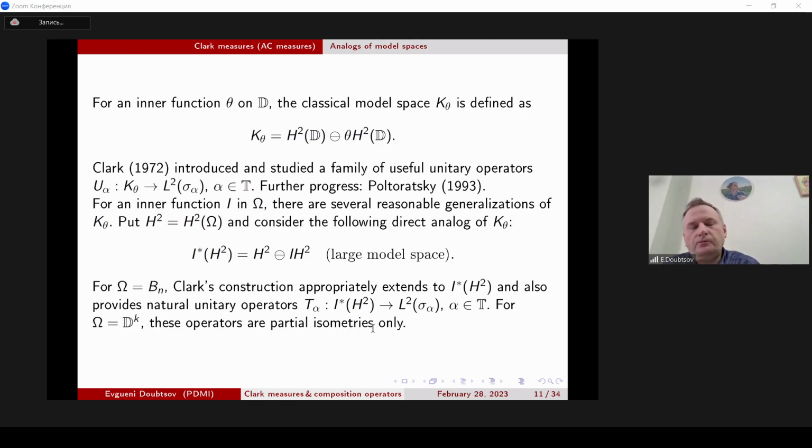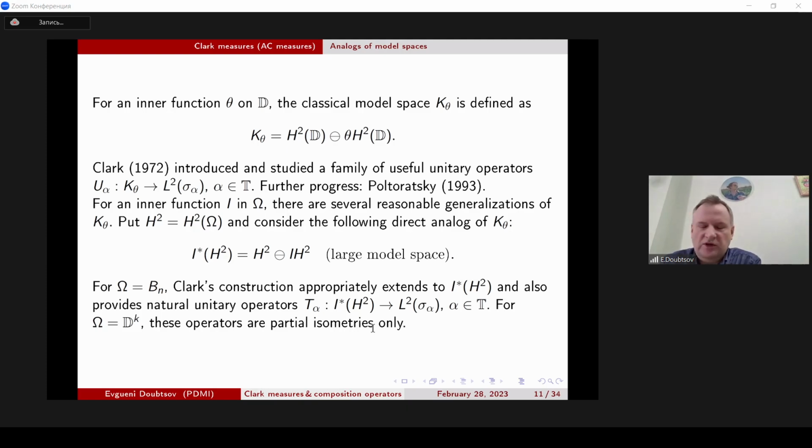So somehow, instead of K theta, a certain space related to Hardy spaces and a certain orthogonal complement in H2, we are allowed to consider just an L2 space, but with respect to the specific measure for each alpha, this index, the complex number, the point on the unit circle. They have just a different operator U alpha, but still those operators are all unitary operators.